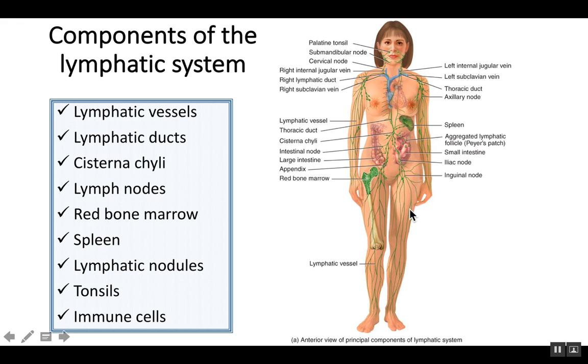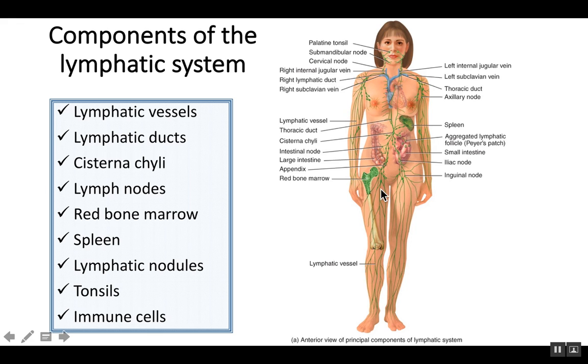But everywhere you have blood vessels, you're going to have lymphatic capillaries. Eventually, those lymphatic capillaries merge together to form larger vessels, and then eventually the two largest lymphatic vessels, which are known as lymphatic ducts.